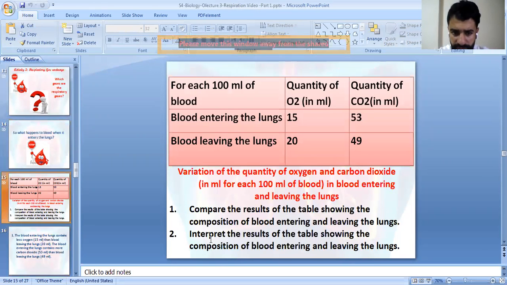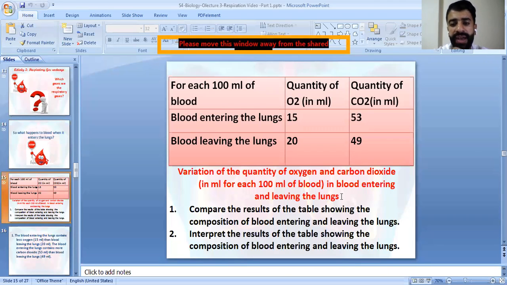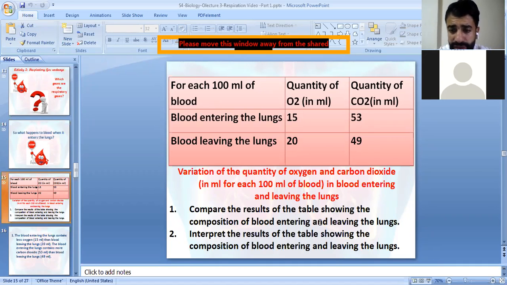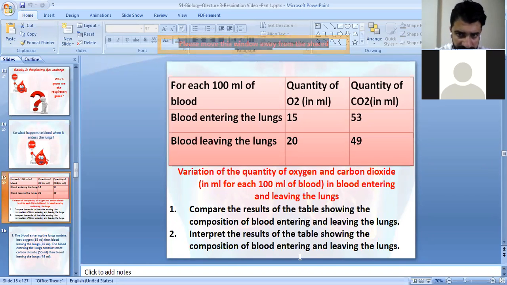This table is showing the variation of the quantity of oxygen and carbon dioxide in milliliter for each 100 milliliter of blood, the blood entering and that leaving the lungs. Number one, compare the results showing the composition of blood entering and that leaving. Number two, interpret the results of the table.